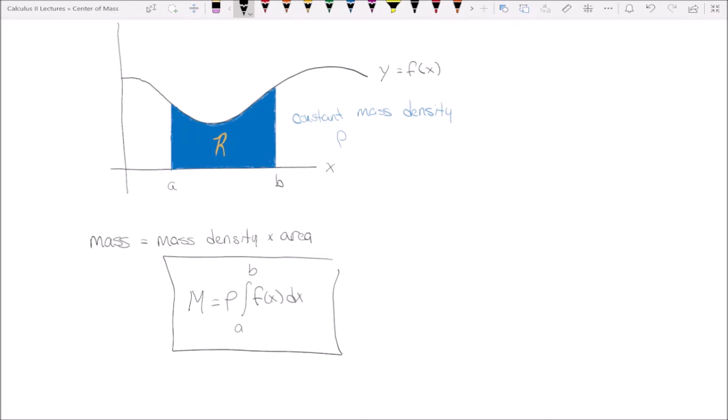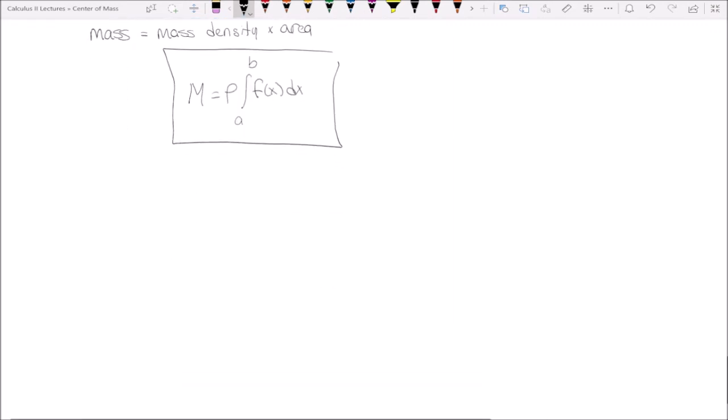So to do this, let P be a regular partition of our interval a to b.